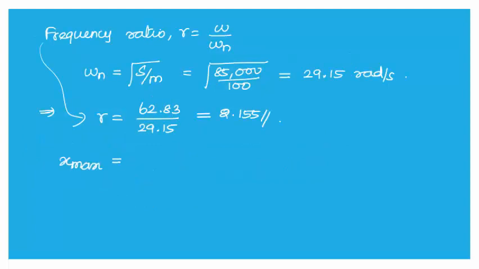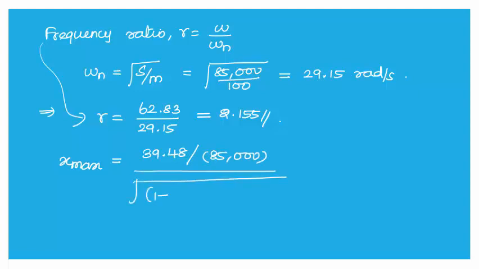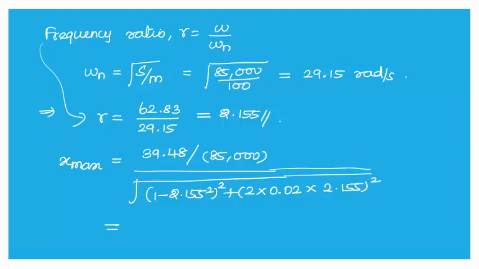F naught is 39.48 divided by S, 85,000, divided by root of 1 minus r square the whole square plus 2 zeta r the whole square. So the value of X max can be obtained as 1.274 into 10 power minus 4 meter, that is 0.1274 millimeter.